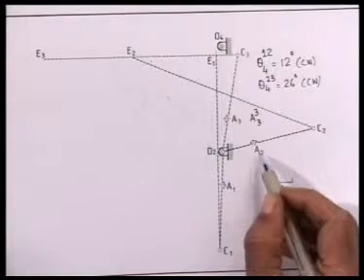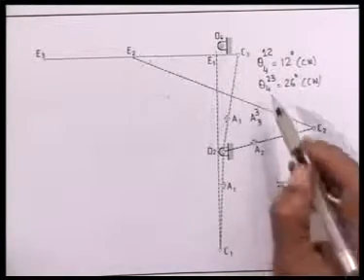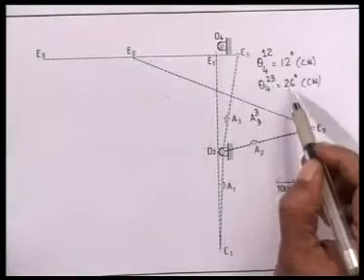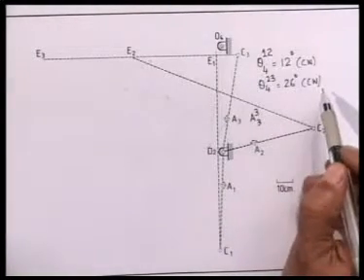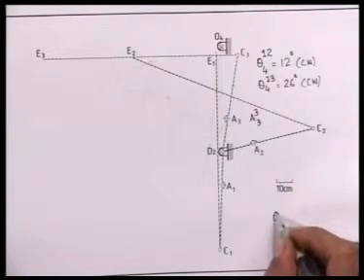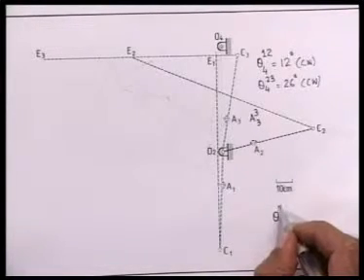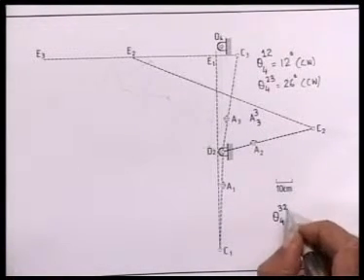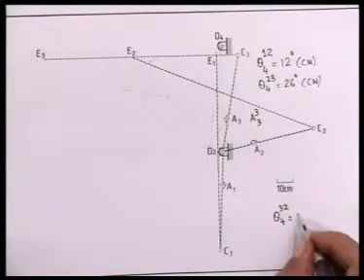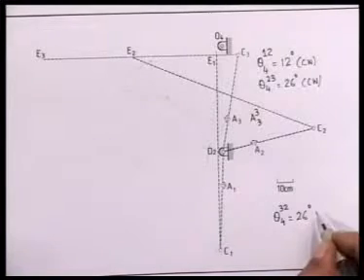This is A2. We have to determine A23. It is known that theta 423 is 26 degree clockwise, which means theta 432 is 26 degree counterclockwise.